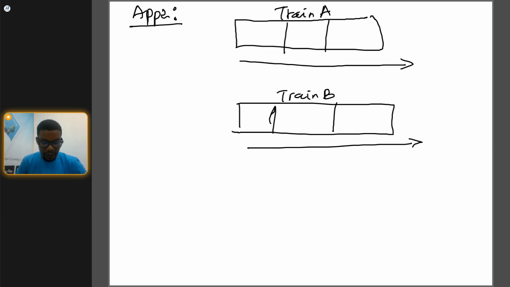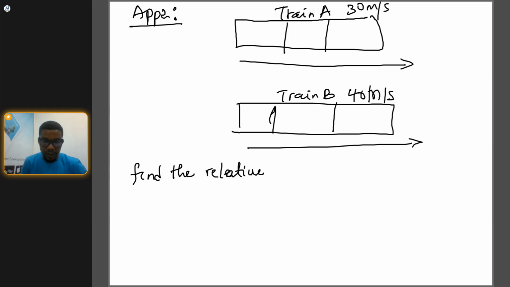Train A is moving at 30 meters per second, and train B is moving at 40 meters per second. Find the relative velocity of train A to train B.